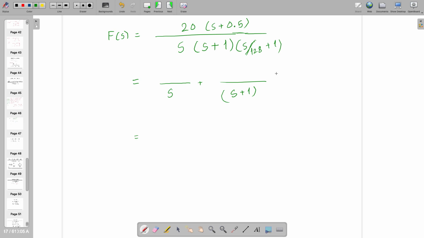Now, what is going on? Are you able to manage to find out these things? It has to be divided, right?